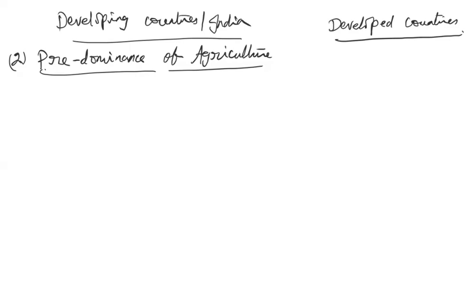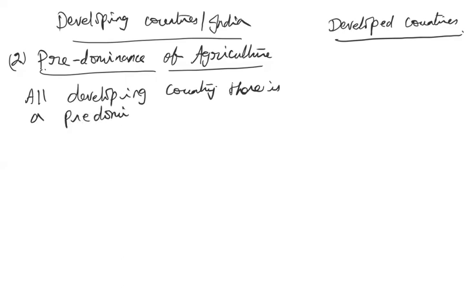Okay. So mostly in all developing countries, agriculture will be dominating. In all developing countries, there is a predominance of the primary sector or the agricultural sector, as I mentioned, both in the national income as well as in the contribution to employment.